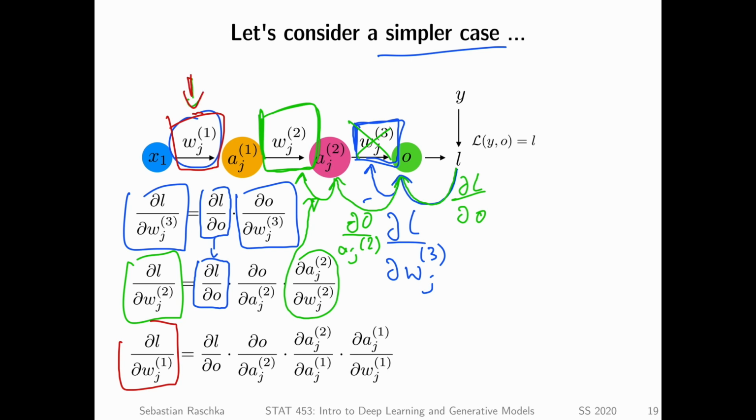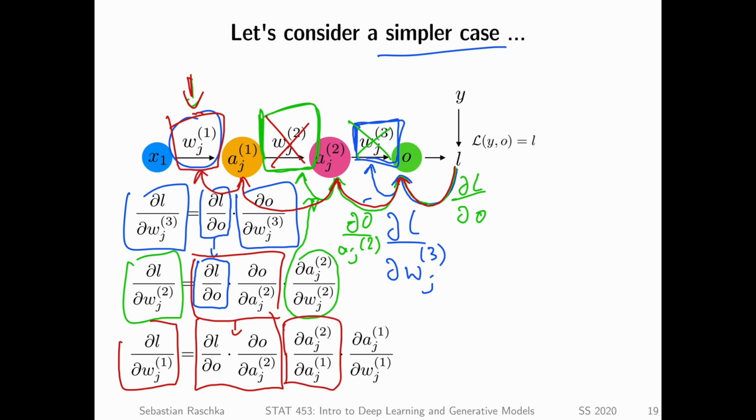Now we can actually recycle two things. We can recycle these things and copy them over. So these are copied over. But again, I'm not interested in this one, so I have to jump one step further. So I go here, here, and then I go directly here, which is this part, and then from here to here, which is this part. Okay, so this is just, again, how simple backpropagation works.